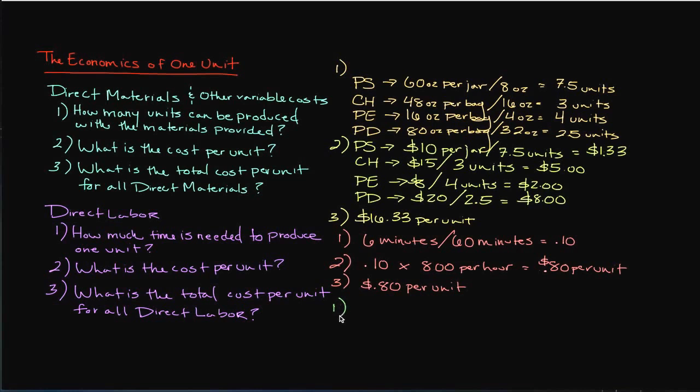So we're going to go through step 1, and it's the same process for direct materials. We don't have to do anything different because the items we're dealing with are all tangible goods. So there's really no issues with that for the most part. So first thing, how many units can we produce with the materials provided?